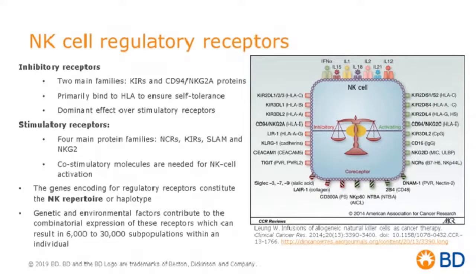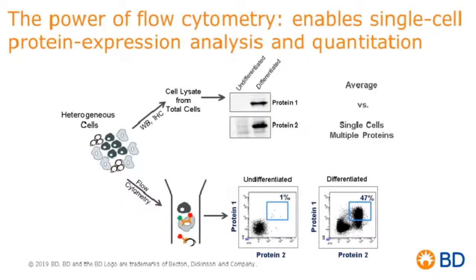This poses some challenges in how we can study and fully understand the biology of NK cells and their diversity with such a level of complexity. That's why flow cytometry is a very well used tool for the analysis of NK cells, because of its ability to measure different parameters simultaneously at the single cell level, as compared to a bulk analysis like a Western blot, where we can identify the expression or lack thereof of a protein at the bulk level.